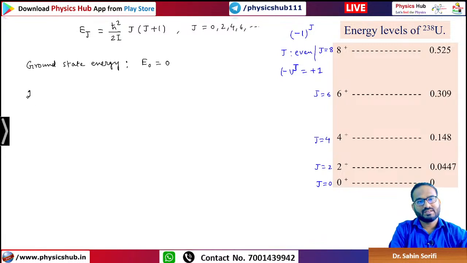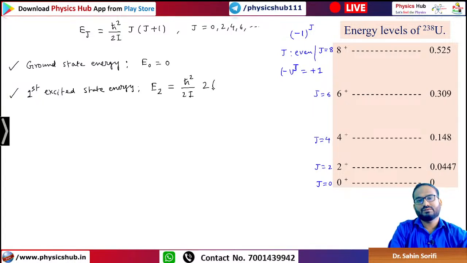What about the first excited state? First excited state energy: you see we have taken j equals 0, so now we have to take j equals 2. So the first excited state will be E2, not E1. E2 will be h cut square by 2I, 2 into 2 plus 1.